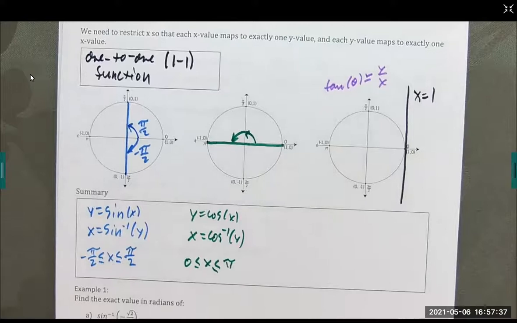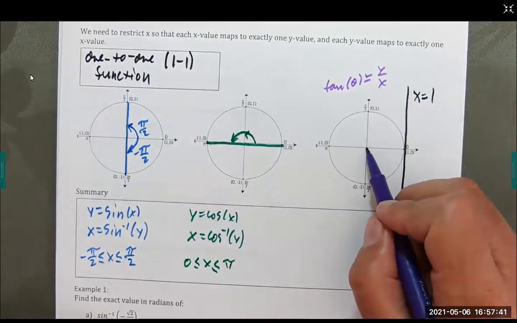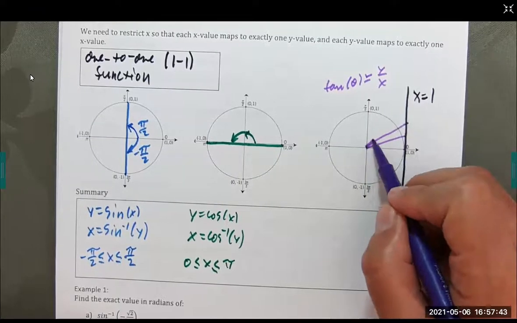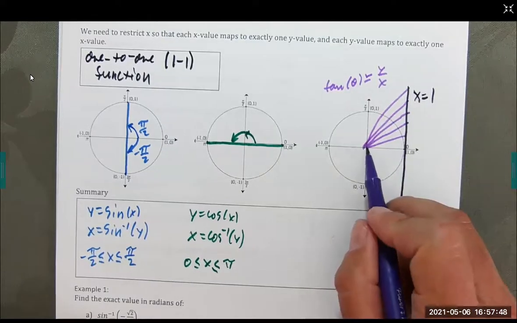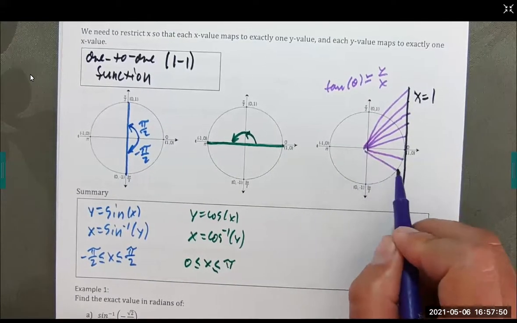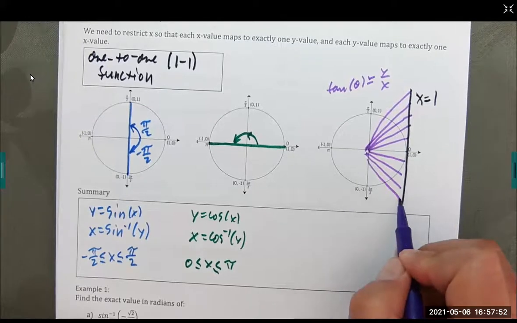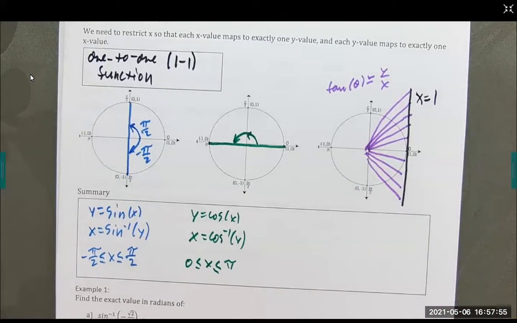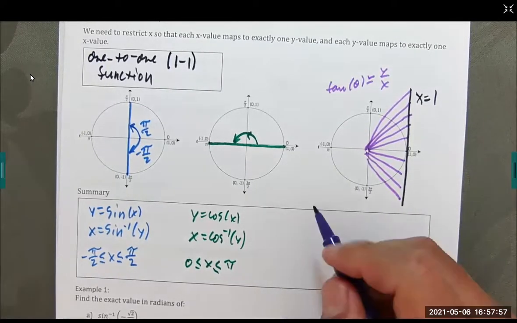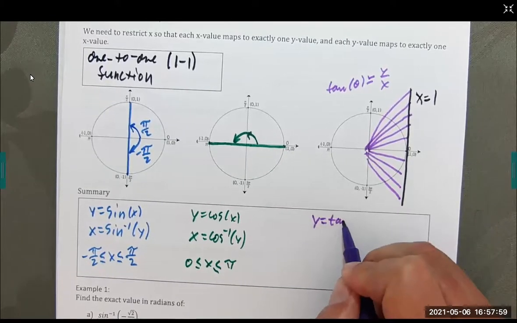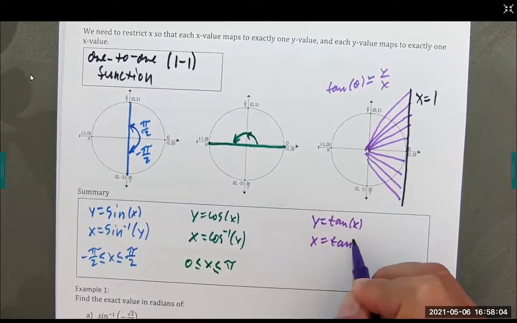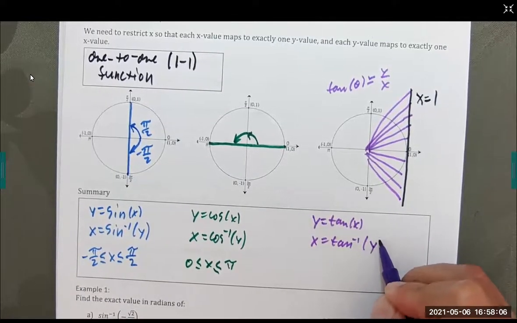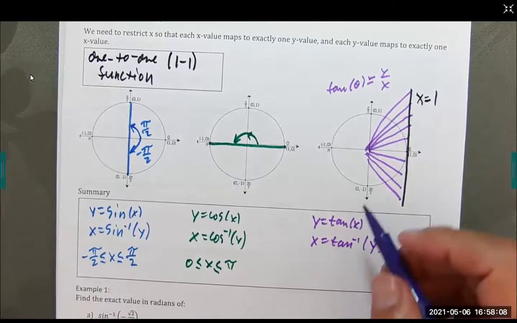And what this is going to do is allow me to go, you can see it's getting longer and longer and longer, to cover every value. As we do this, this is going to allow us to go from, it's actually going to be the same as sine, from negative pi over 2 to pi over 2.